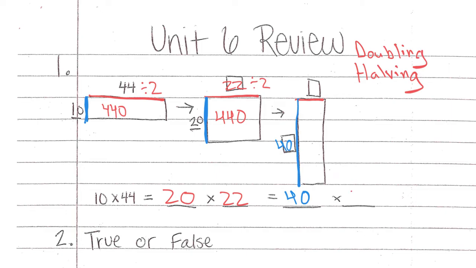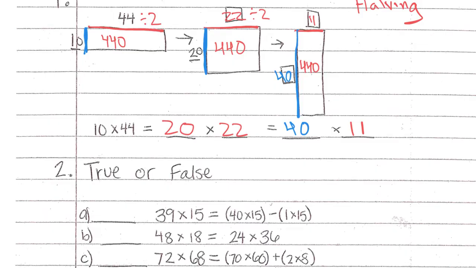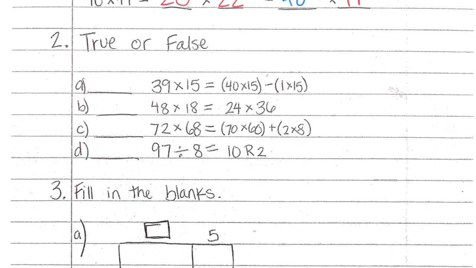I'm hoping that if you paused this video and you thought about it, then you came up with 11. But regardless, the answer to my problem is still 440 if I multiply them. Keep in mind, they are not asking you to solve the problem, are they? They just want to know what should the rectangles be, okay? Let's move on.